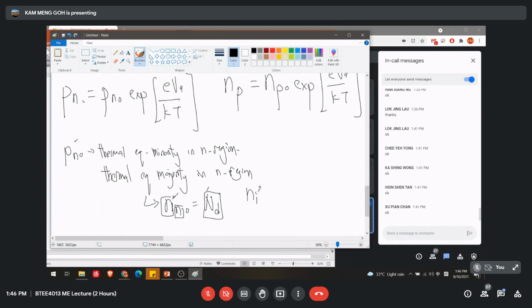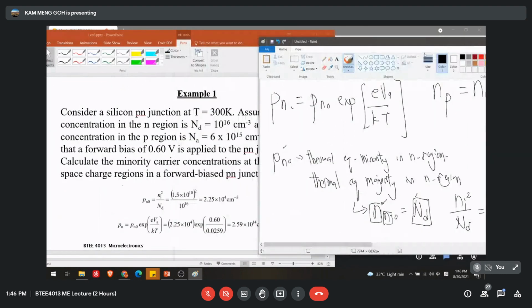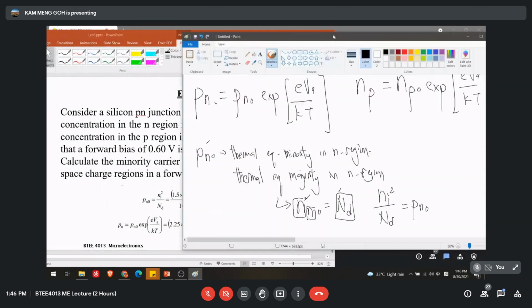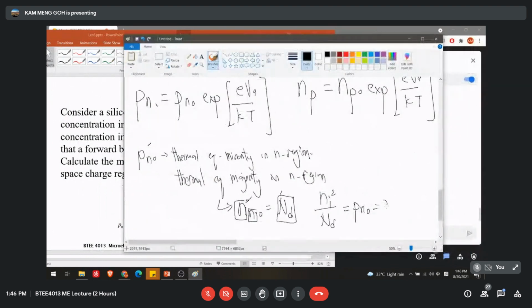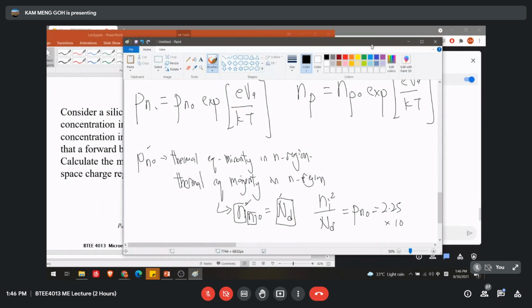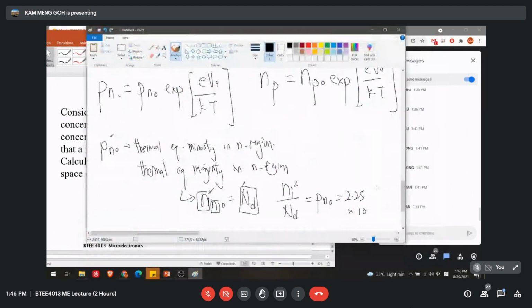we can also calculate this. Ni squared divided by the ND will become the PNO. The lecturer has already calculated it for you: 2.25 times 10 to the power 4 cm^-3.